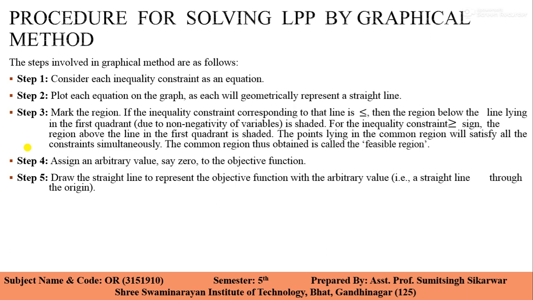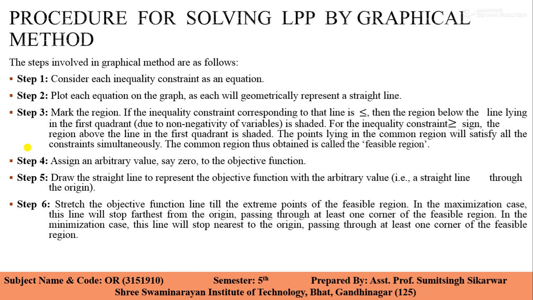In step 6, we'll stretch the objective function line till the extreme points of the feasible region. In the maximization case, this line will stop at the farthest from the origin, passing through at least one corner of the feasible region. That means one corner or one point must cross the axis of equations.